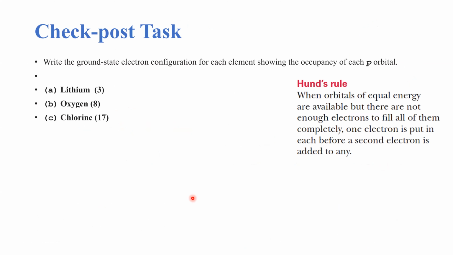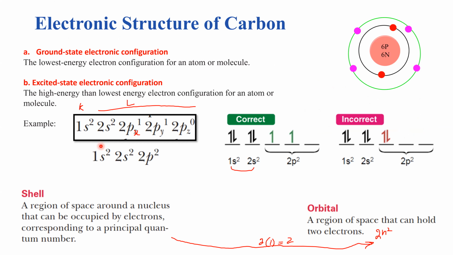Now this is a check post task. You have to write the ground state electronic configuration for each element showing the occupancy of each p orbital. This means you have to write in detail, not the simplified version where we sometimes group it as 2p.